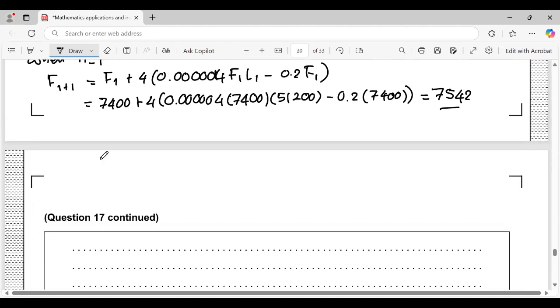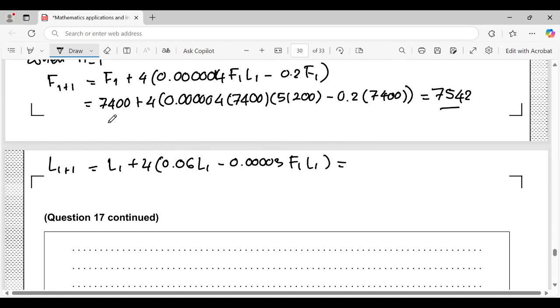About L1 plus 1. It is L1 plus 4 times (0.06 L1 minus 0.00003 F1 L1).